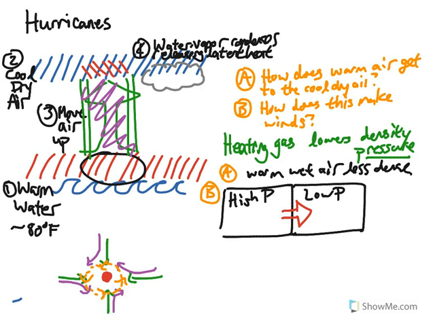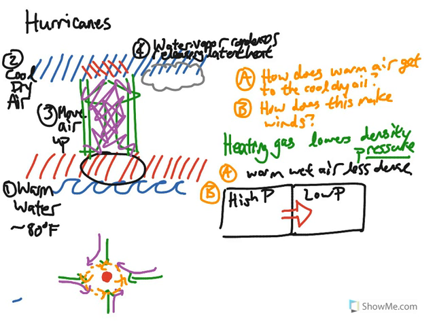It releases latent heat, which keeps this column of air warm, right? Because otherwise it would not stay warm. You're moving hot things into a cold place. It's going to naturally cool down. But because it's constantly releasing the latent heat, this continues to feed this column of air.